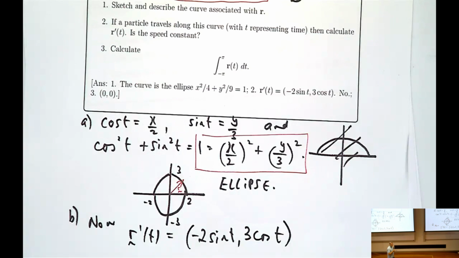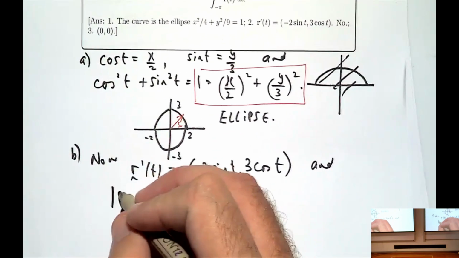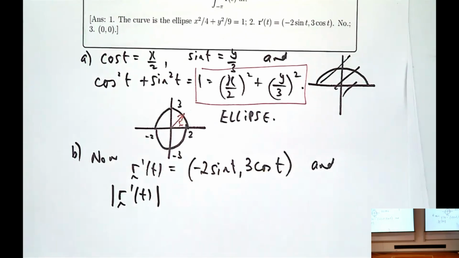Is the speed constant? Okay, so what do we mean when we talk about speed? So if you think of this as a velocity vector, we can look at the length or the magnitude of this thing. Okay? So how do you work out the magnitude or the length of a vector again? I've forgotten. How do you do it? Square root of x squared plus y squared.